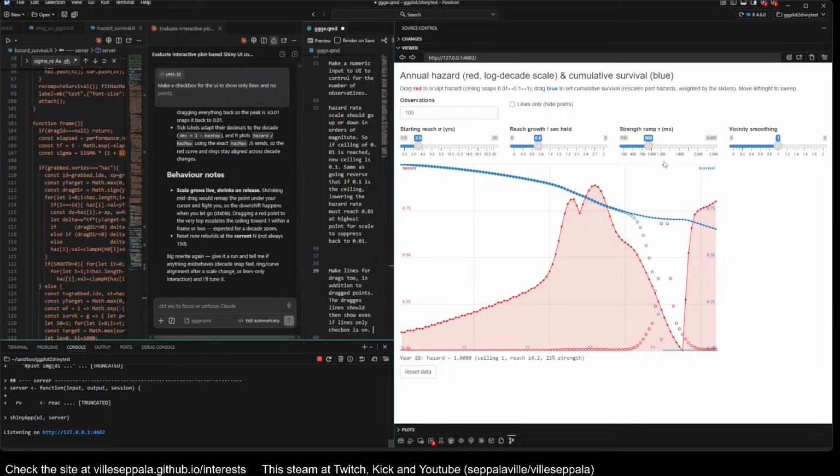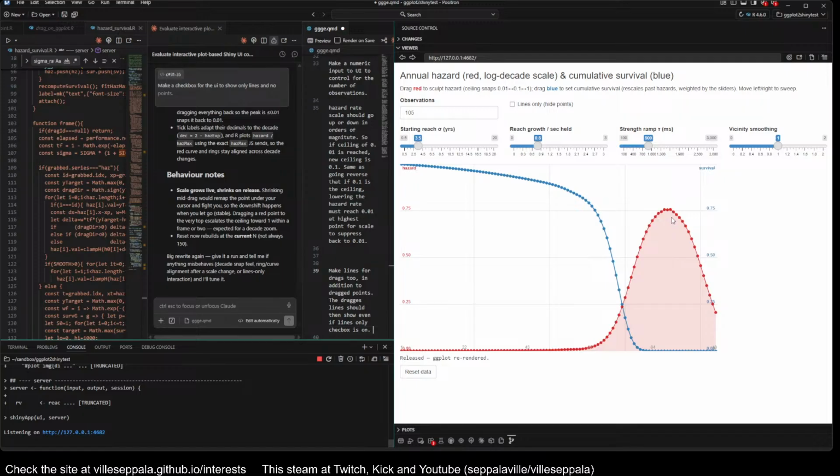Now we're punching through. Okay, that's kind of janky. Let's see. It's changed around here. But it seems that it doesn't change.